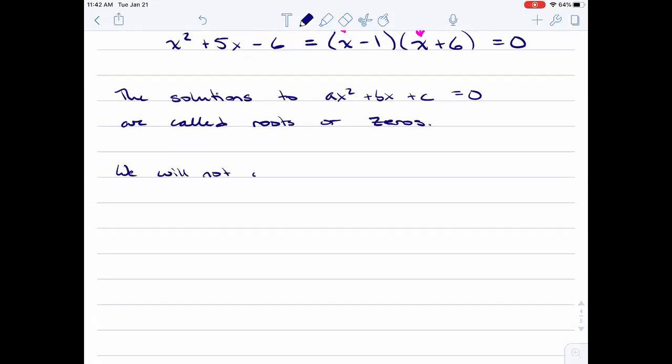We will not cover the discriminant because it is not on the final, but it's just a quick way to figure out how many solutions you're expecting. It won't tell you what they are, but it will tell you how many to expect.